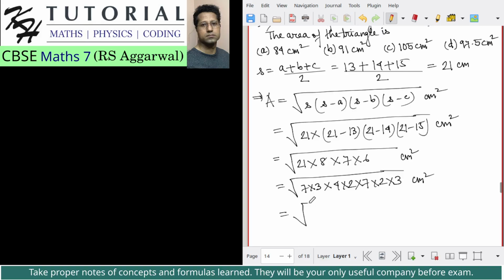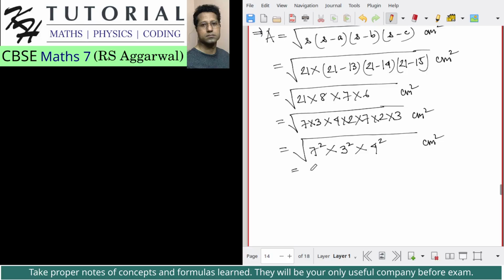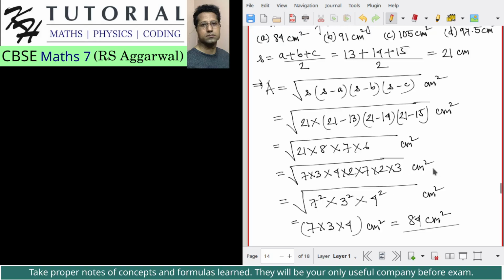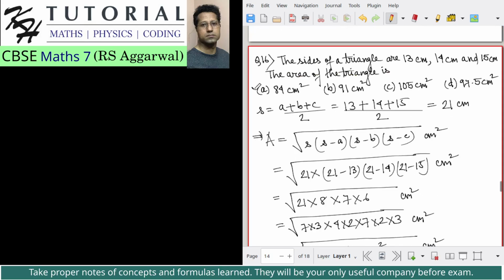So this becomes 7 into 7, so 7 square, multiplied by 3 into 3, so 3 square, multiplied by 4 into 4, that is 4 square, centimeter square. So this becomes 7 multiplied by 3 multiplied by 4 centimeter square, which is 84 centimeter square. So the area of the triangle is 84 centimeter square, and hence the correct choice is A. A is the answer.